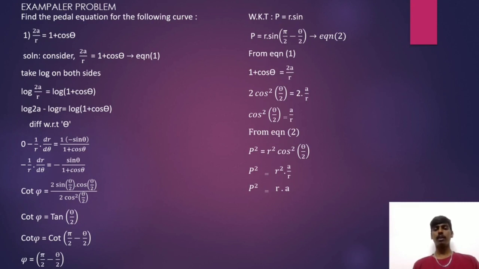Cos square theta by 2 is equal to a by r. From equation 2, we can substitute cos square theta by 2 in place of a by r. p square is equal to r square cos square theta by 2. p square is equal to r square into a by r. p square is equal to r into a. The r gets cancelled.